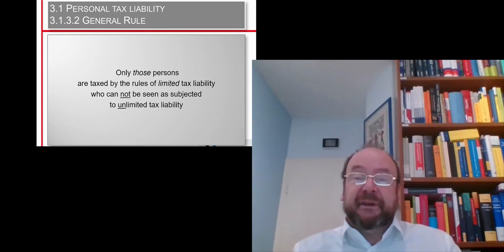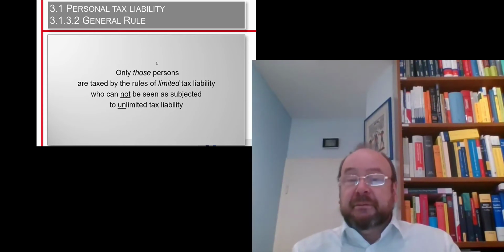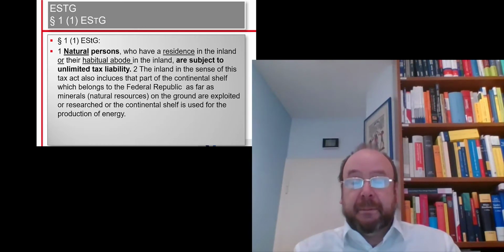So the first thing you always have to test is: is a person unlimited tax liable in that country? If so, the matter is closed. Only if that's not possible, then you can go forward and test if there is a limited tax liability.